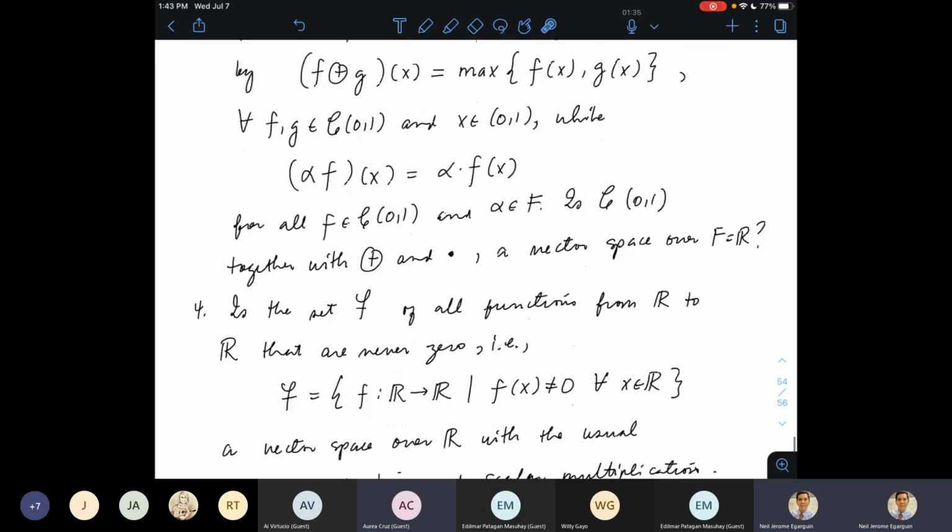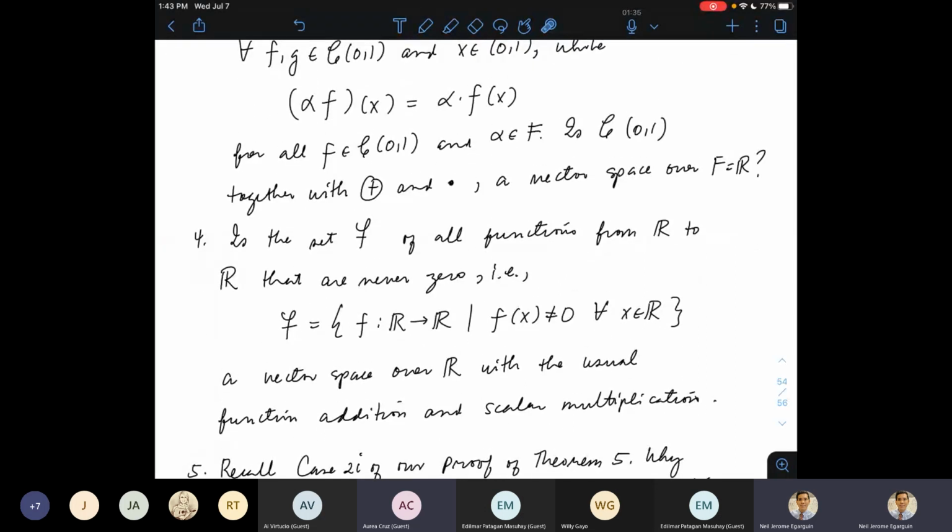Okay. Problem 4. Sir, for problem 4, for a vector space, if you prove that it's not closed under one of the two operations that were given, can you already conclude it's not a vector space? Yes, because closure is actually the most fundamental property. Right, sir.